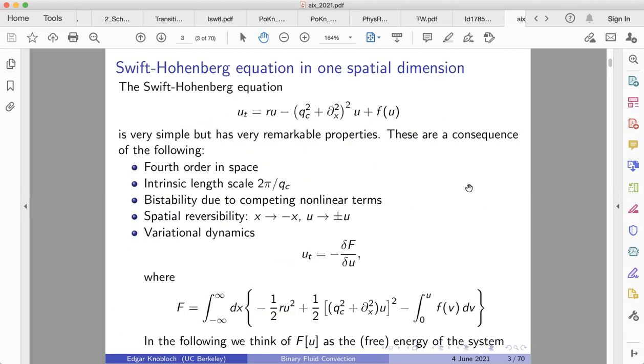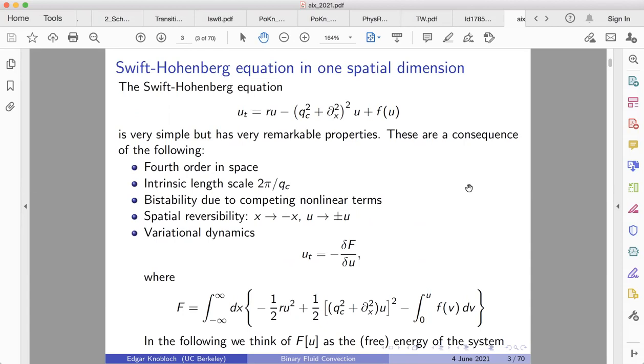So let's start with a model problem, a simple scalar equation for a variable u. It's first order in time, but fourth order in space. There is a bistable nonlinearity f of u.